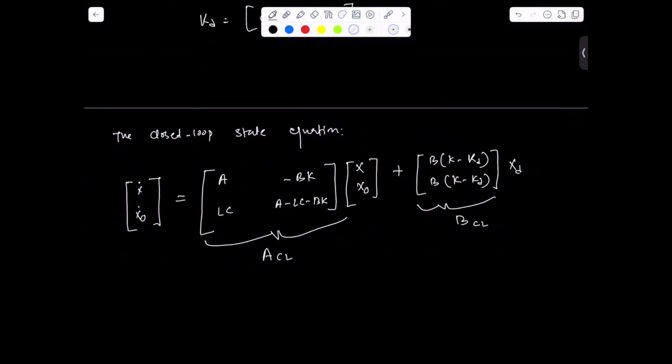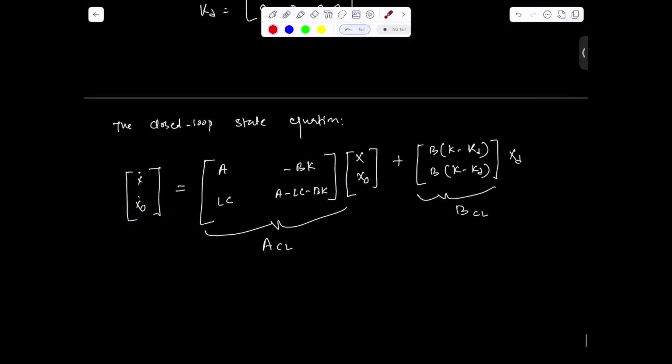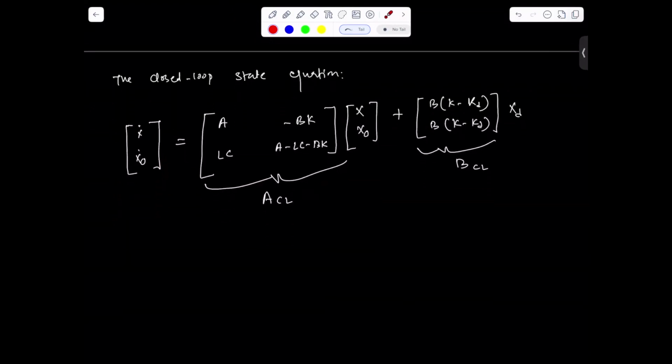So this is very, very important. We have done this part in the last lecture, so I'm not going into detail because we already found this expression in the last lecture.